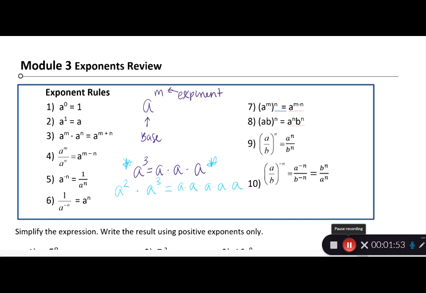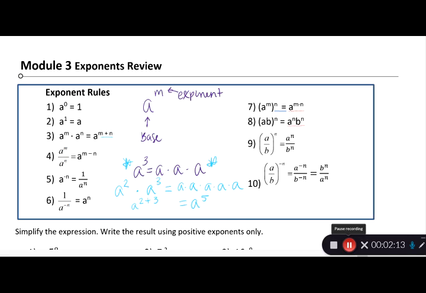Well, how many a's do I have now? 1, 2, 3, 4, 5. A to the 5th, because when you have multiplication, we add exponents. So we get a to the 5th. See how I just used the definition to actually find the answer.